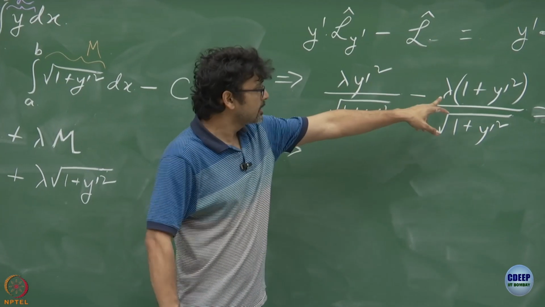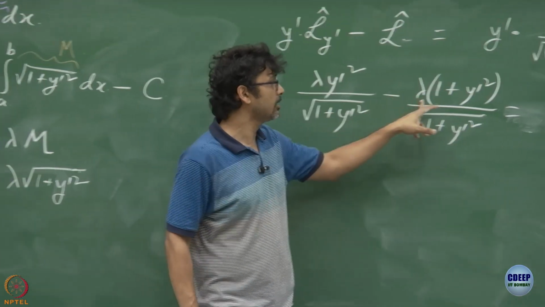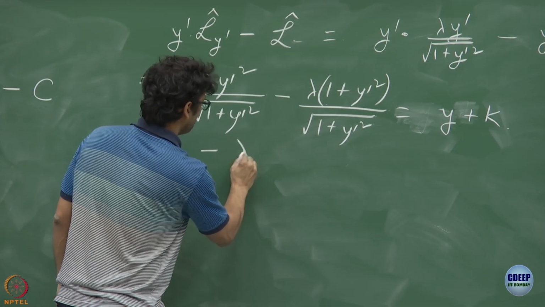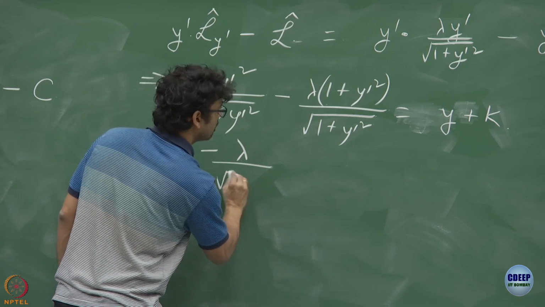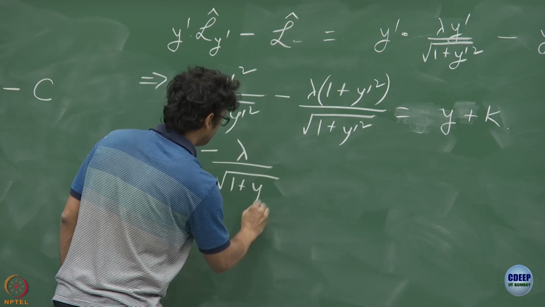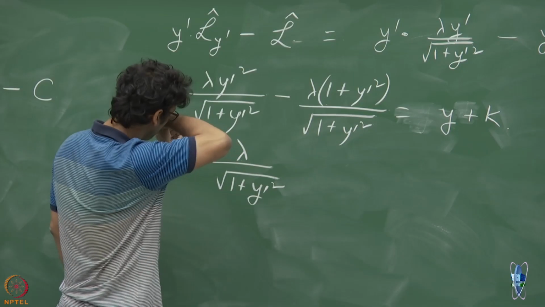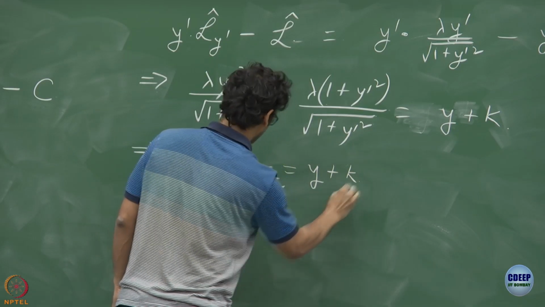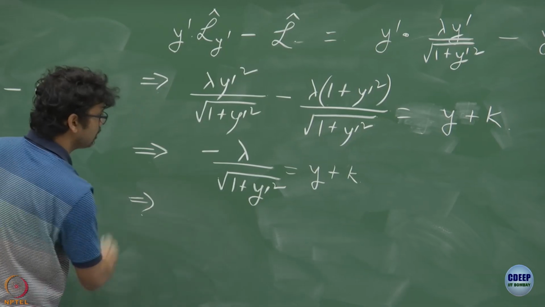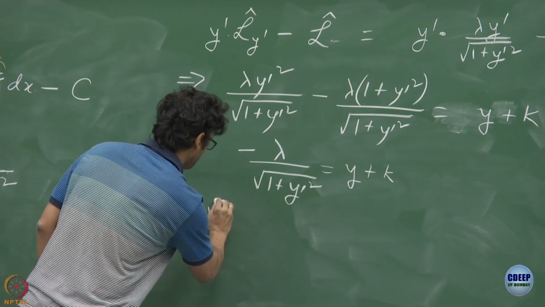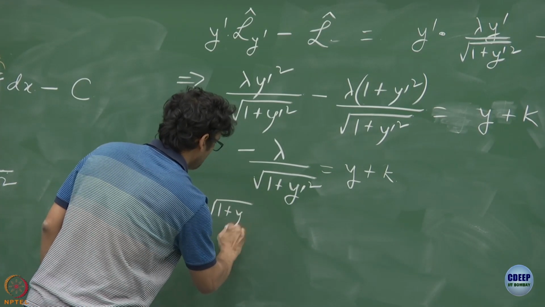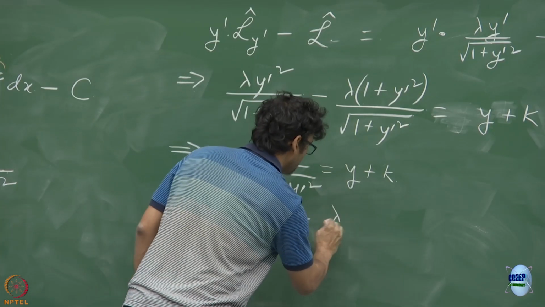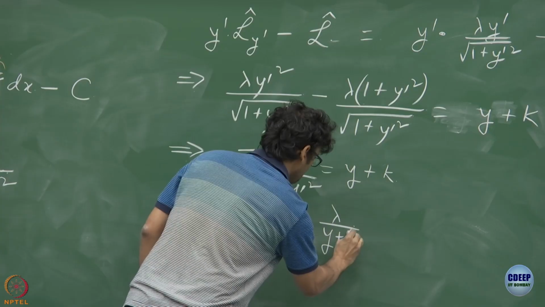So what happens? This gets cancelled. The lambda y prime squared and lambda y prime squared get cancelled here. So what you're left with is just minus lambda divided by square root 1 plus y prime squared is equal to y plus k, which means I'll have root 1 plus y prime squared is equal to minus lambda by y plus k.